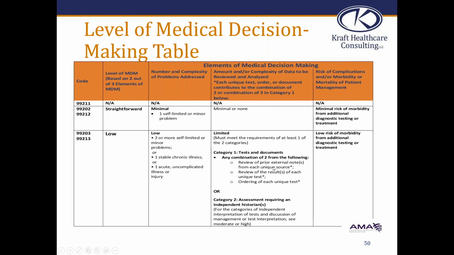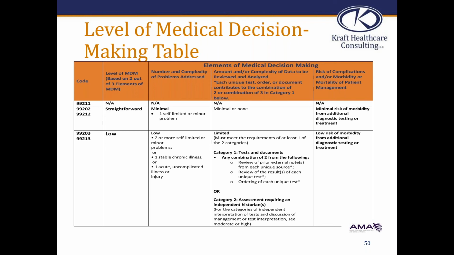You've got review of prior external notes from each unique source. So let's say you got records from my pulmonologist, and you got one from my cardiologist. Well, that's 2 right there. That's a combination of 2 just in that top bullet. Review of the results of each unique test, and we have our definition for test.